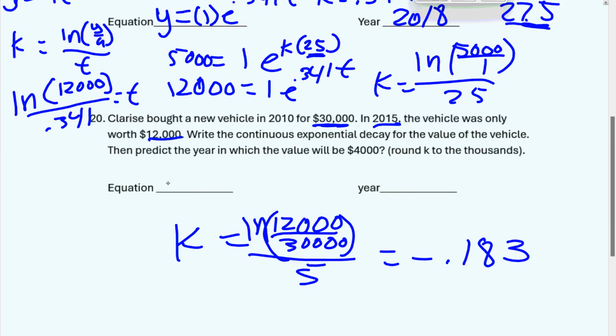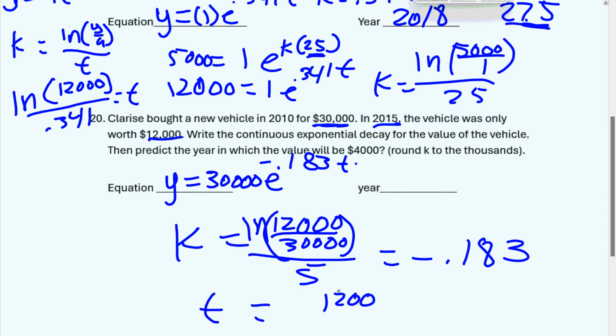So then my equation is y equals 30,000 e raised to negative 0.183t. Now I can predict the year that it reaches 4,000, so that'd be 4,000 over 30,000. Take the ln of that fraction divided by my k, which is now negative 0.183.